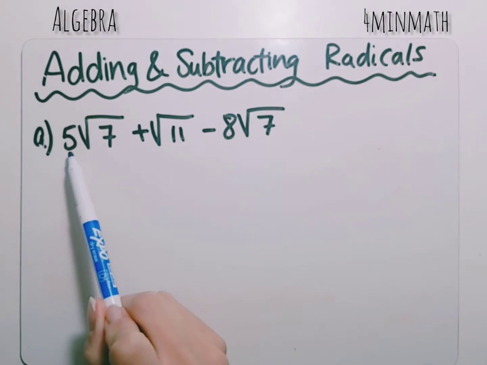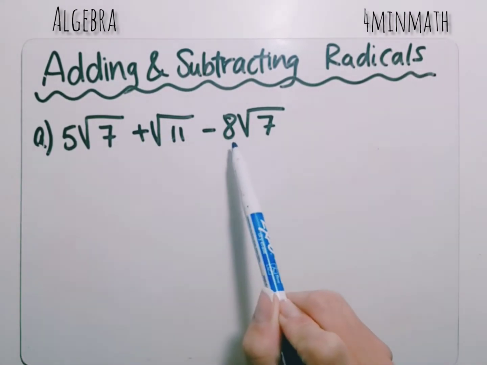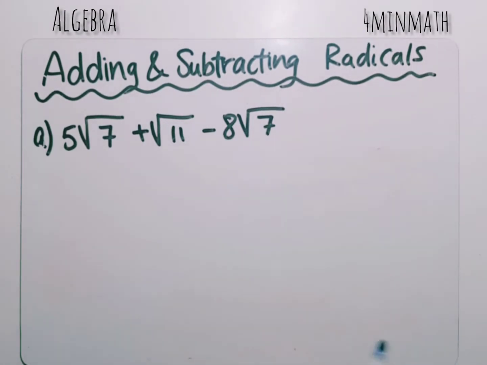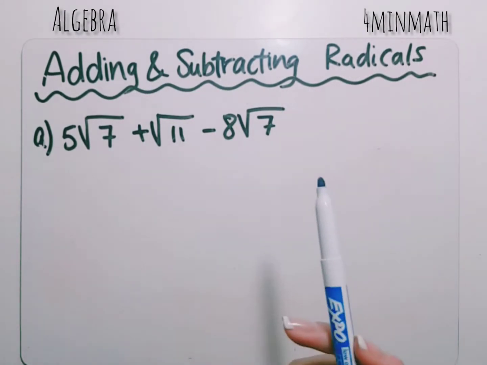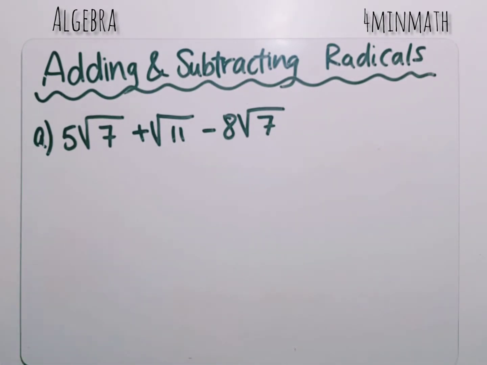So we have example 5 times radical 7 plus radical 11 minus 8 square root of 7. And notice I've used different terms. I said radical 7 and then square root of 7. They mean the same thing. We're going to use the commutative property of addition.